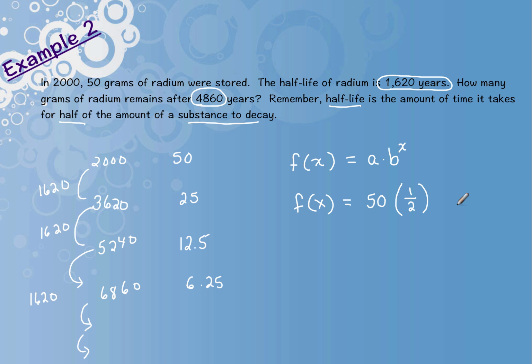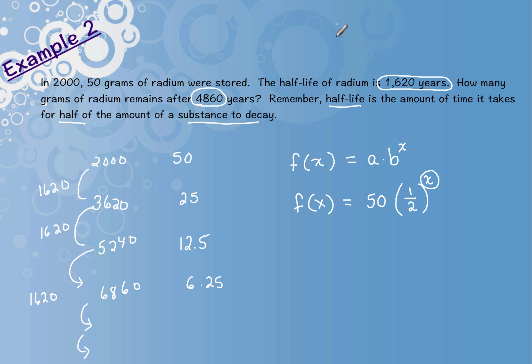So it's saying I'm half decaying, and then I'm having some kind of time. Now here comes the tricky part. We wouldn't put 4,860 up here. We wouldn't put 1,620 up here in this X. We want to understand how many rounds of half-life happened.